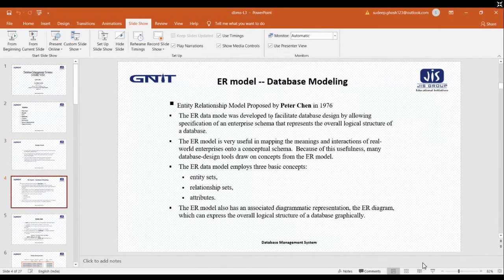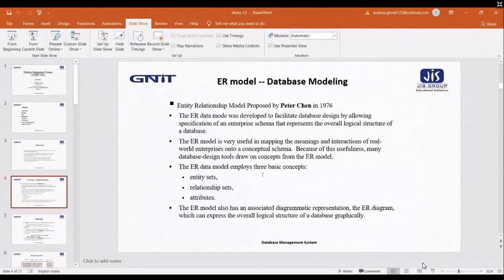The ER data model was developed to facilitate database design by allowing specification of an enterprise schema that represents the overall logical structure of a database. The ER model is very useful in mapping the meanings and interactions of real-world enterprises onto a conceptual schema. Because of this usefulness, many database design tools draw on concepts from the ER model.